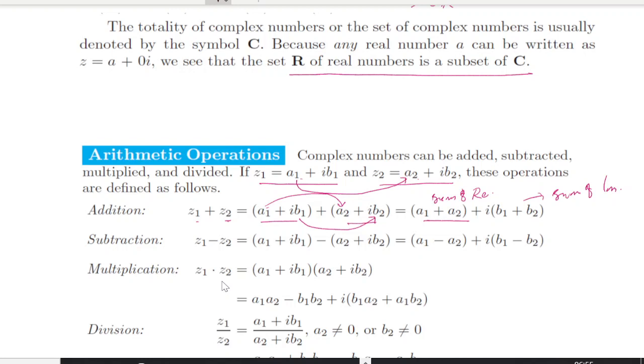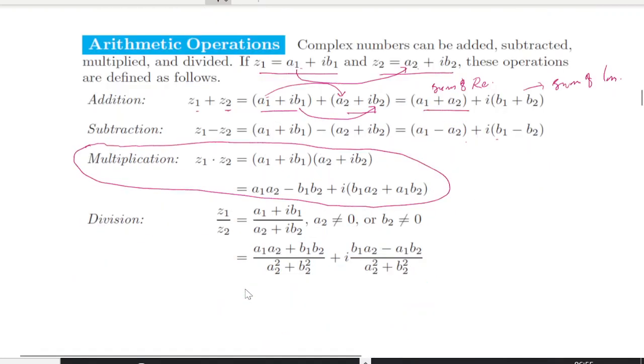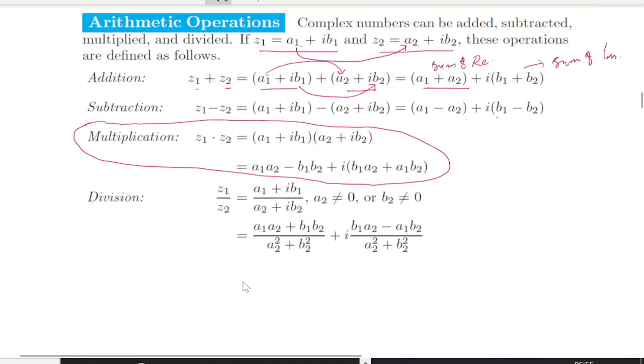Okay, so that is the summation idea. Similarly, subtraction means we should subtract the real part plus i into the difference between imaginary parts. And for multiplication, it's given like this, but we need not memorize this. And for division also, even though we can find it like this, no need of memorizing these two.